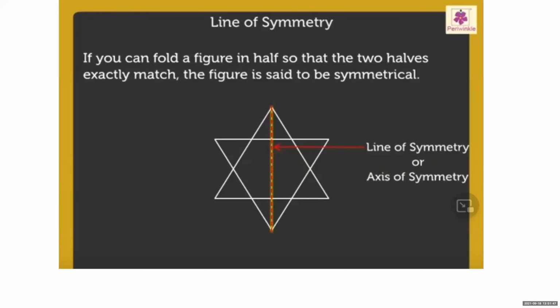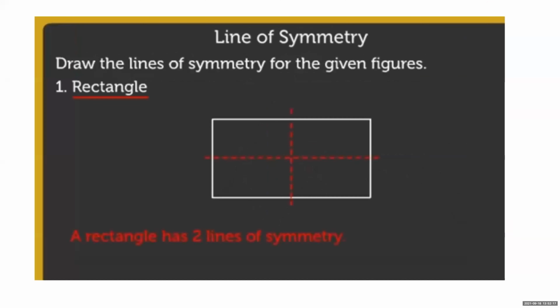Next, we will talk about line of symmetry. If you can fold a figure in half so that the two halves exactly match, the figure is said to be symmetrical. The line which divides an object into two equal parts is called the line of symmetry or axis of symmetry.